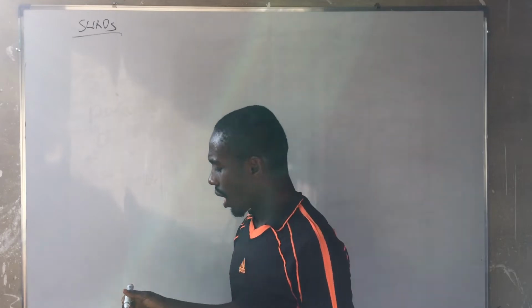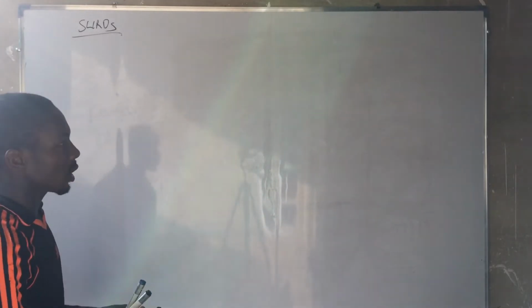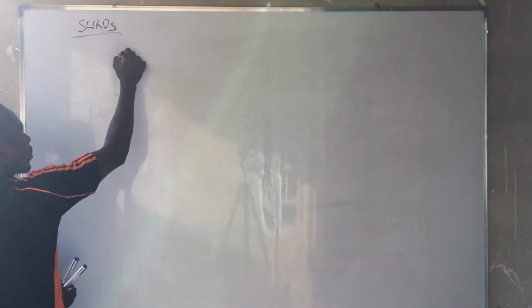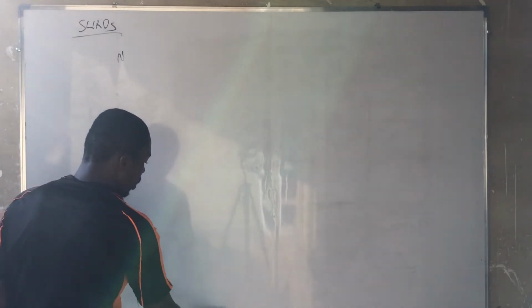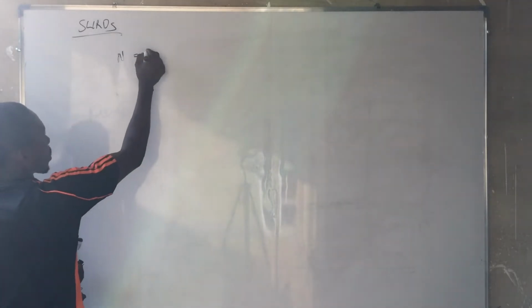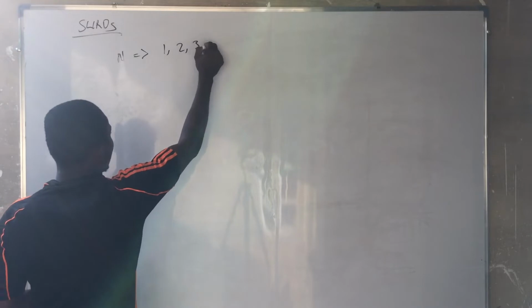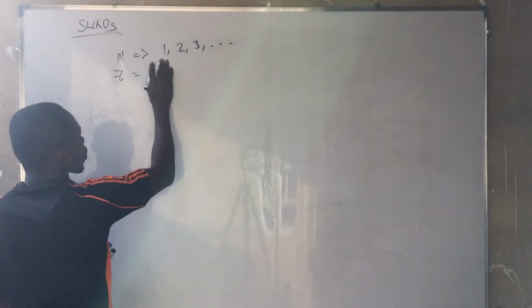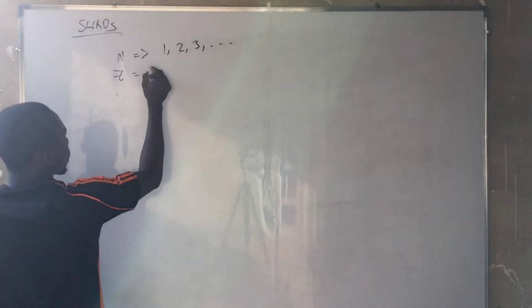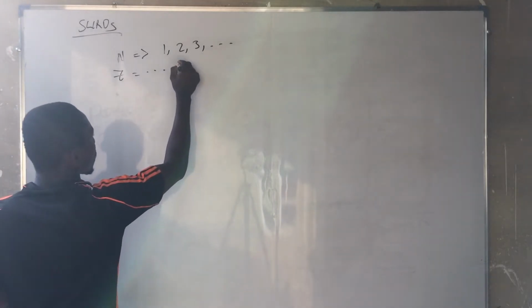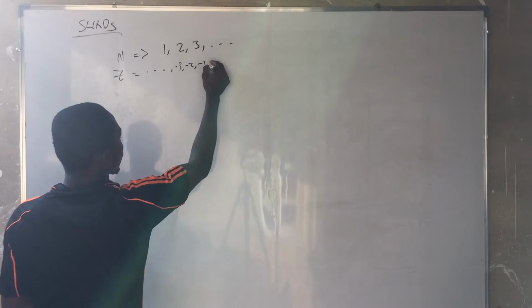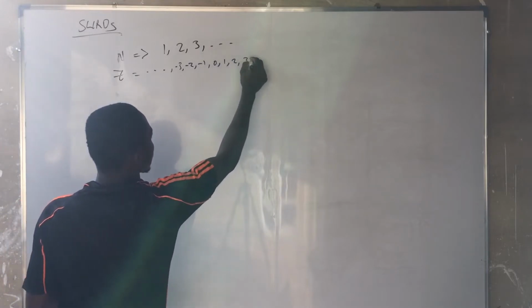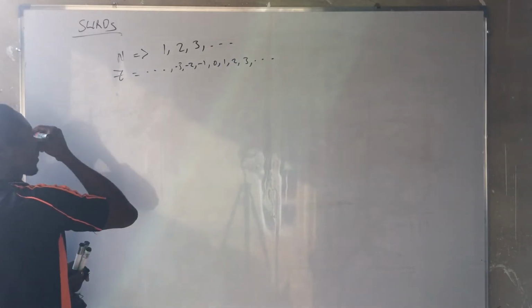But before then, I'll be recalling some things that we know from the natural numbers. Natural counting numbers 1, 2, 3, and so on. The integers, which is from -infinity to -3, -2, -1, 0, 1, 2, 3, goes back to infinity again.